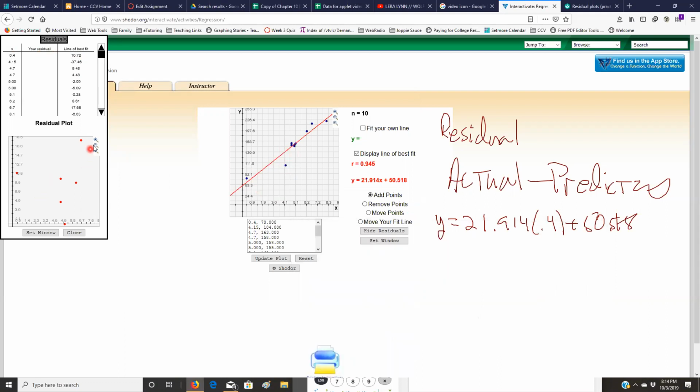Well, if we zoom out here a little bit, part of it is the scale. I think I can tweak the line here. Here's my 10.14 residual, or whatever it was. Here's the negative 37.